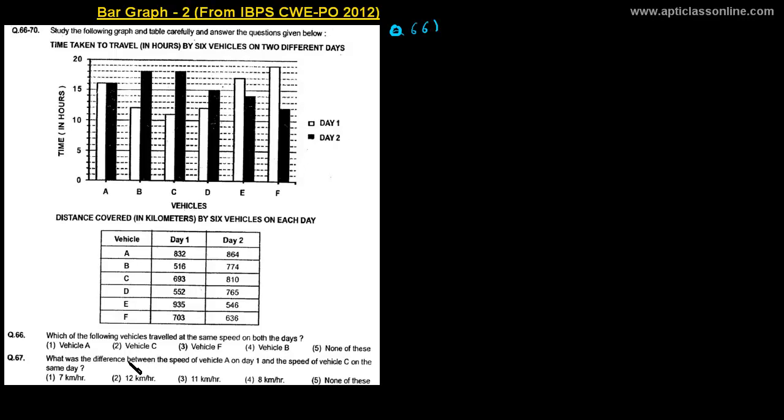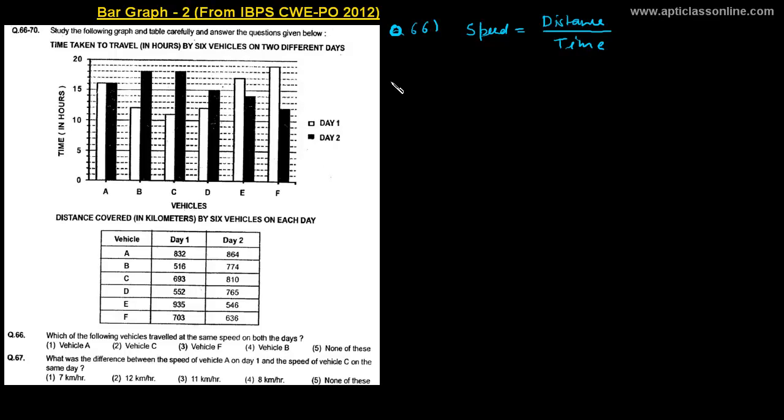So we have to compare which of these vehicles traveled at the same speed. As we know, speed of any vehicle is distance over time, and the distances are given in the table and the time is given by the bar graph. So we can compare it one by one.